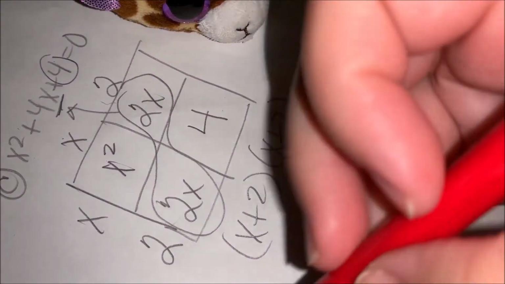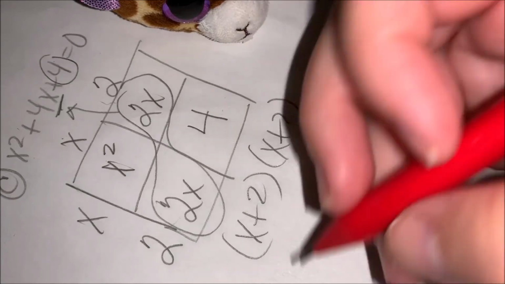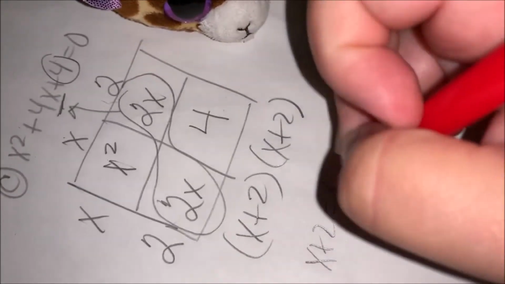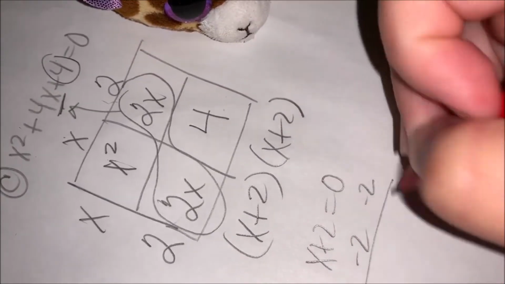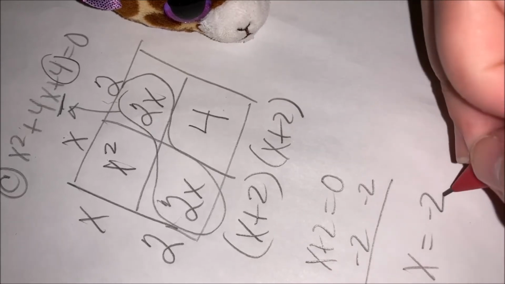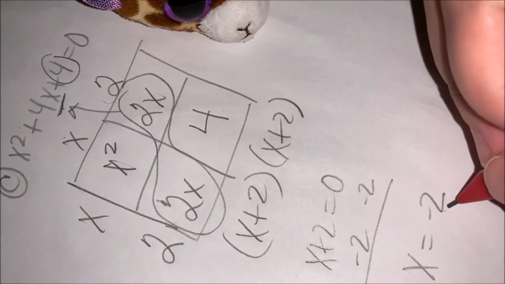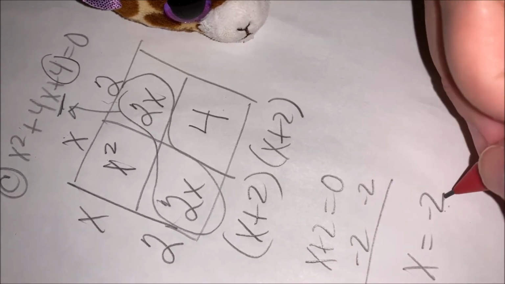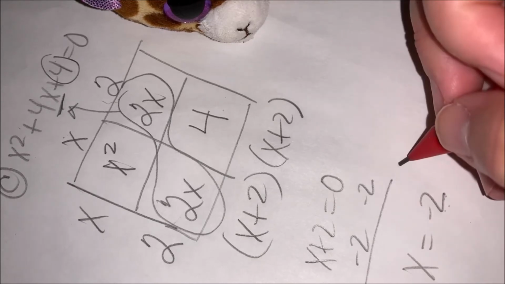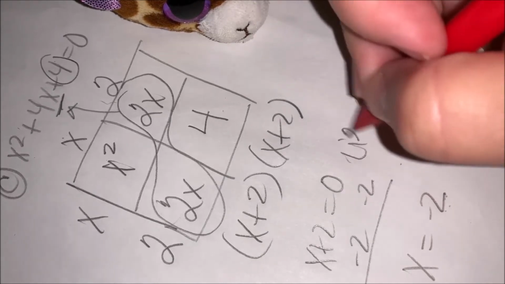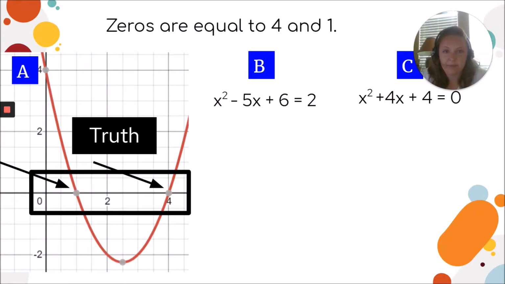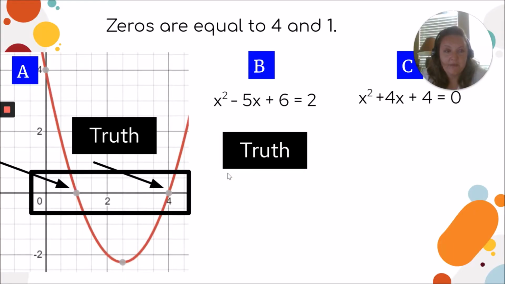So x plus 2 equals 0. So I know that the root is going to be at negative 2, and so that's not going to work. So this one has to be the lie. So we figured out B is true and C is the lie. All right, let's try another one.